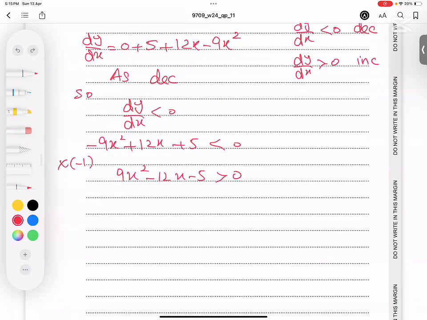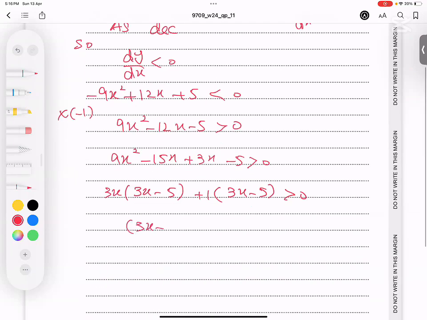I think if I factorize, 9 5s are 45, and 15 3s are 45. So 3x common, I get 3x minus 5, and 1 common, 3x minus 5. You can go for the quadratic formula even, no issue at all. And wait a minute, I think I'm doing something wrong with 9 5s are 45.